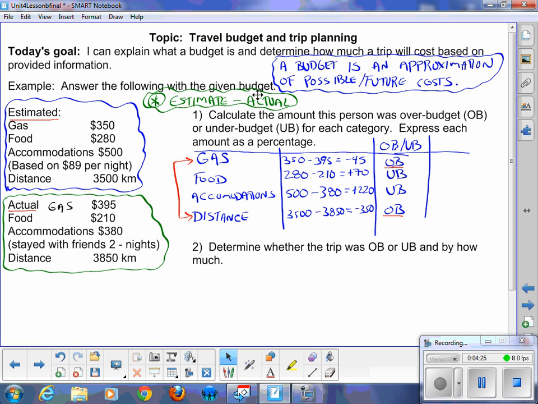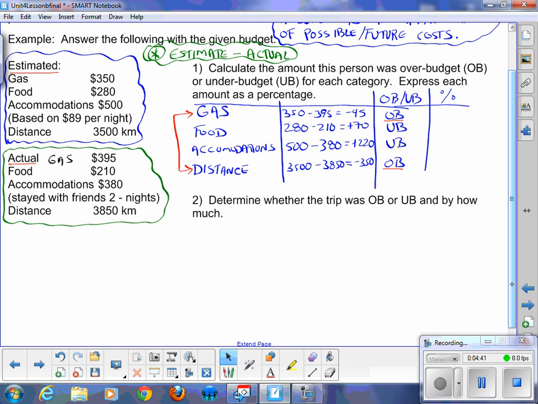Okay. So the last one was percentage. How do you calculate the percentage that you are over or under by? Well, you take the difference and you divide it by your estimated amount. So I'll put that note down here for you.